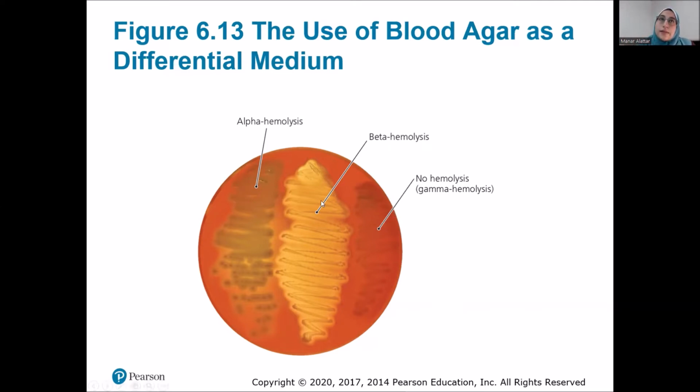Whereas organisms that do completely lyse those blood cells, we call this beta hemolysis. Certain species of Streptococcus will completely lyse blood cells. And so you can see their presence on a blood agar plate. And then there are certain other species of Streptococcus, for example, that partially lyse blood cells.